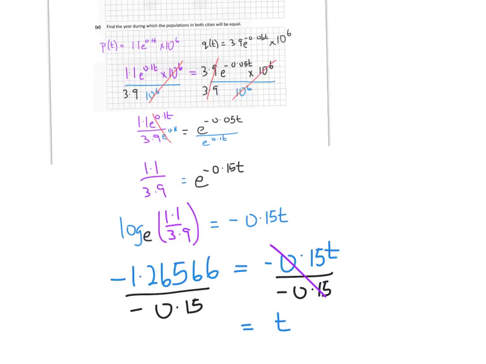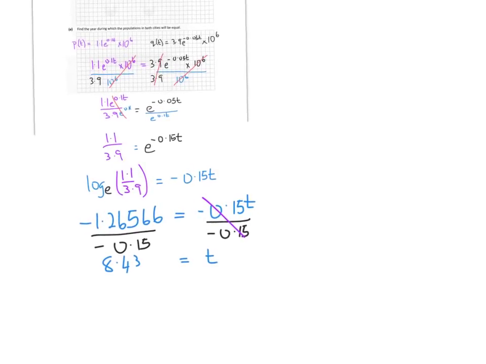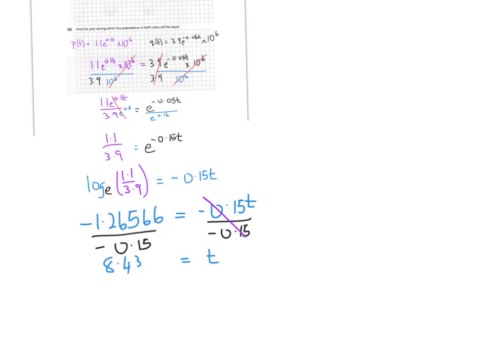And here divided by minus 0.15 gives me an answer of t equal to 8.43 years. And we're asked to find the year during which. So when does it happen? During t equal to 8.43, or at t equal to 8.43, which means it happens during 2018, t equal to 8. And so that is our answer there.